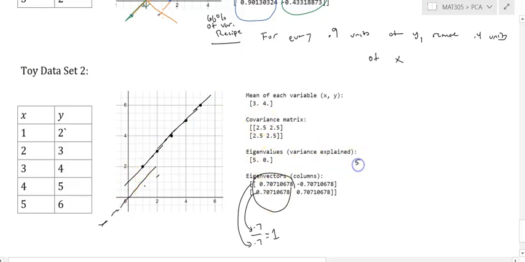So if you take 5 out of 5 plus 0 and convert it to a percentage, that's 100% of the variation in the direction of principal component number 1. By the way, principal component number 1 refers to the eigenvector for the dominant eigenvalue.